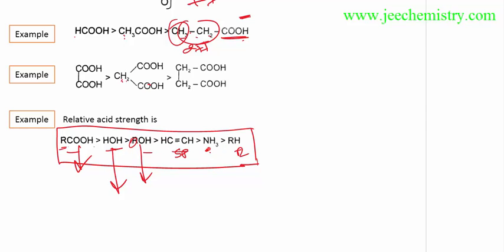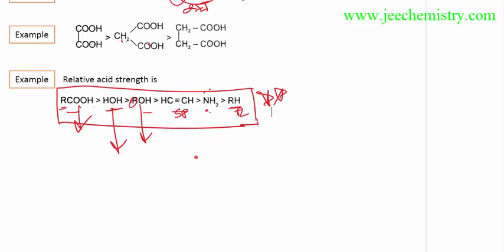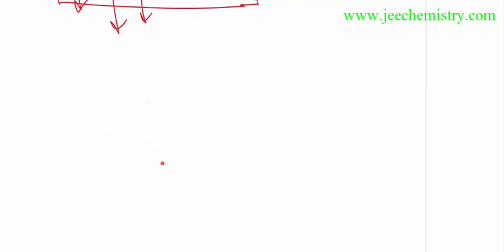This is NH3, which has a lone pair, and this is RH. So in this way we can understand the lone pair, then RH. This lone pair will destabilize the negative charge. In this way, this is the experimental order that needs to be taken care of for the relative acidic strength.